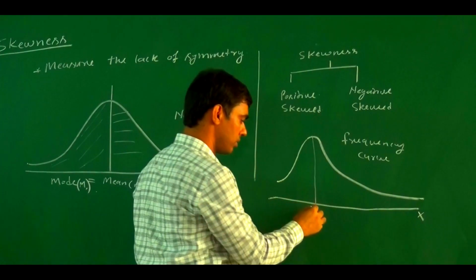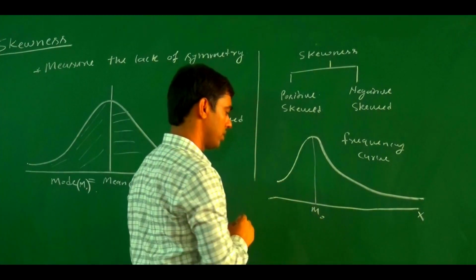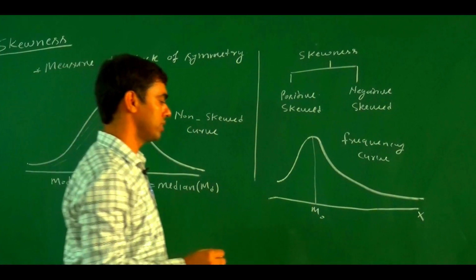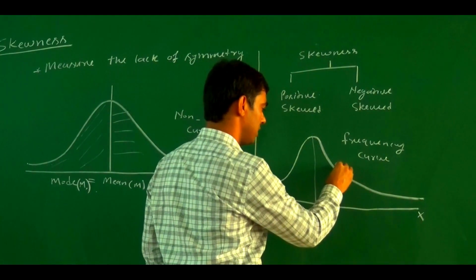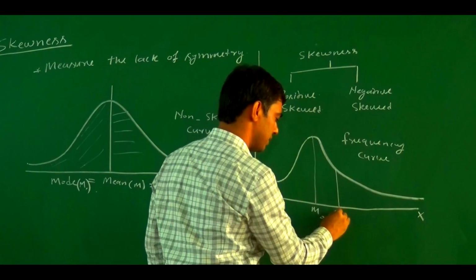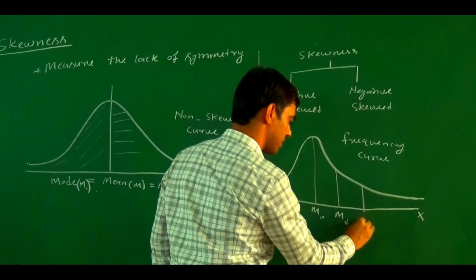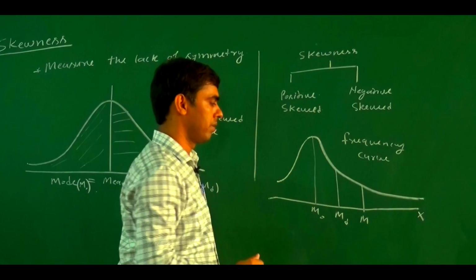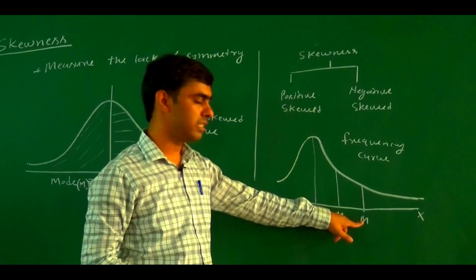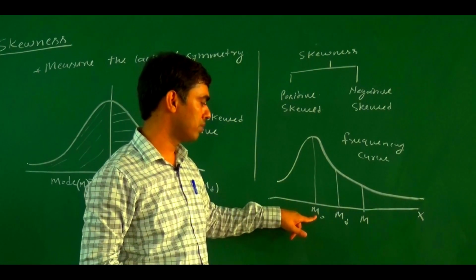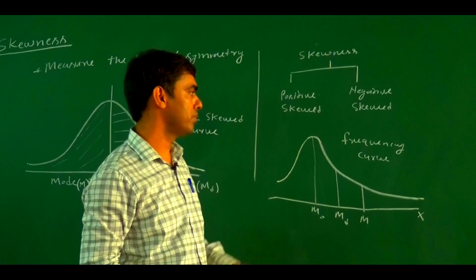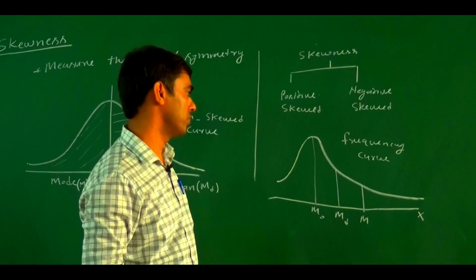If this is the mode, MO, the notation for mode, and here is the median, MD, and here is the mean, then the mean is greater than the mode and median. So we say this is a positively skewed curve.